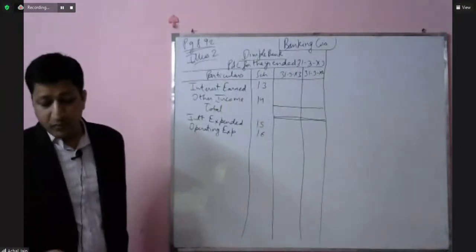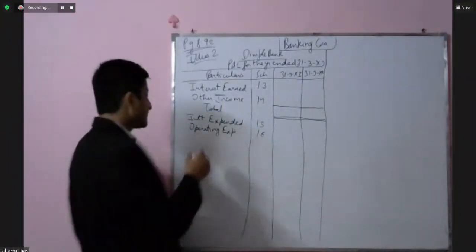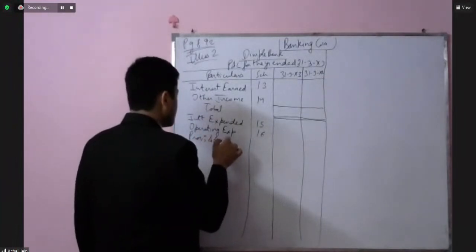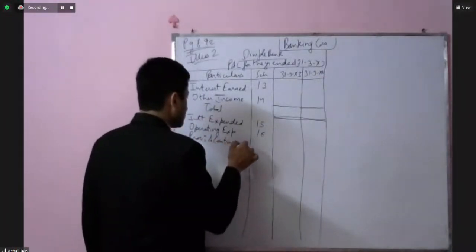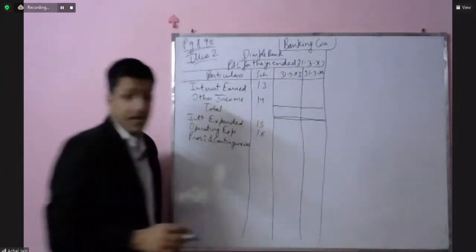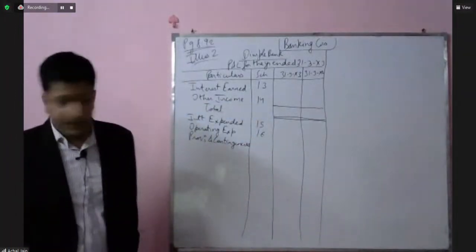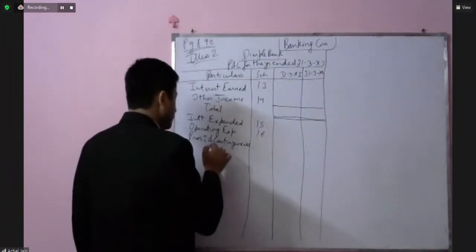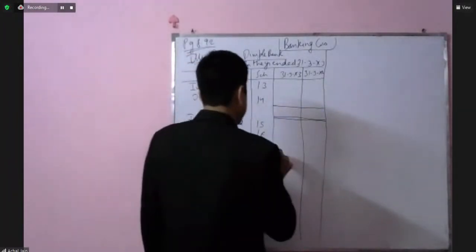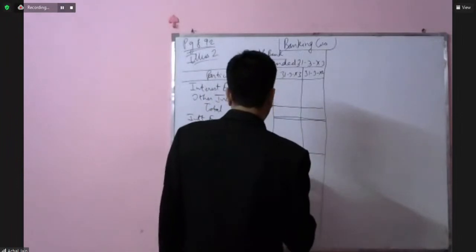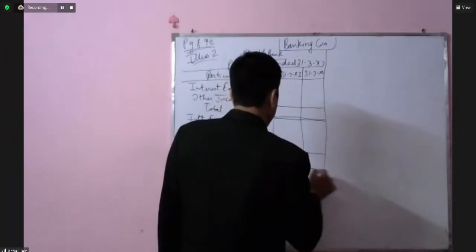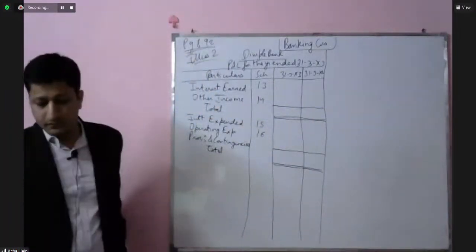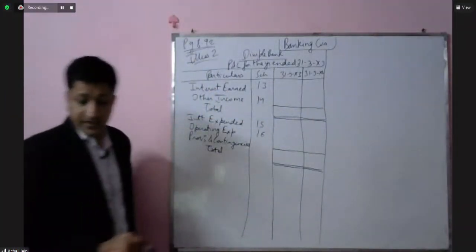Okay. Then we have provisions and contingencies. And then we get the total. Then we get the P&L.